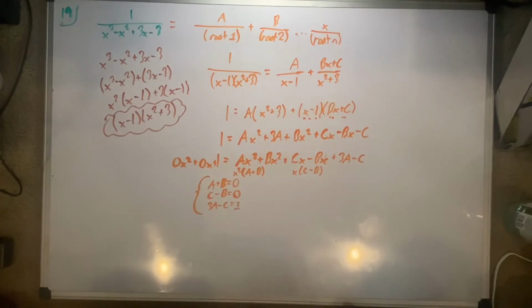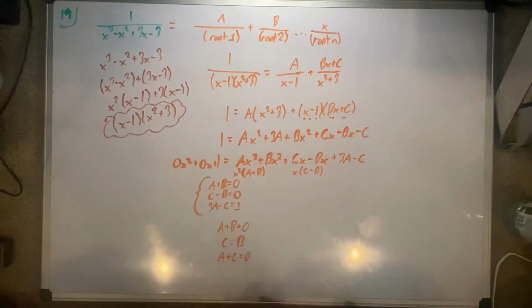So we know here that a plus b is equal to 0, so we can also simplify c is equal to b based on that second equation. We can plug in a c for that, so a plus c equals 0, 3a minus c equals 1. So that's like a subset that we can gather, and then we can go ahead and try to solve for this.